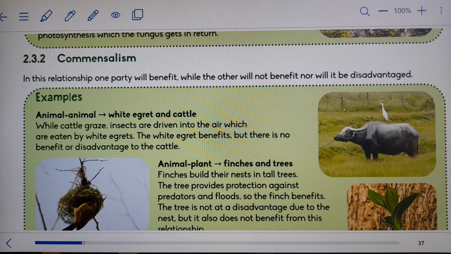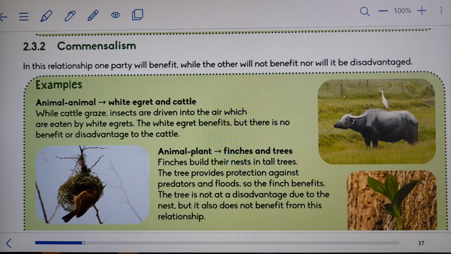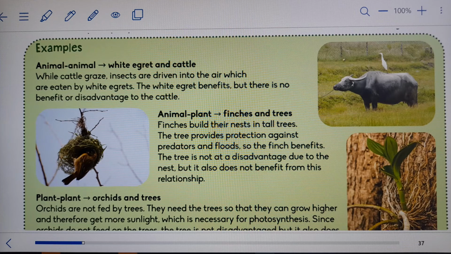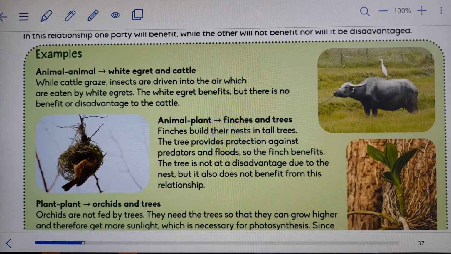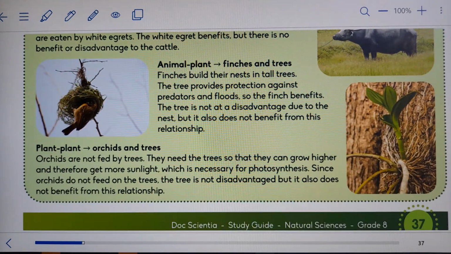Okay. And the second type of commensalism is animal to plant. The example that we have there is finches and trees. That is the bird, the finch, and you see the trees.